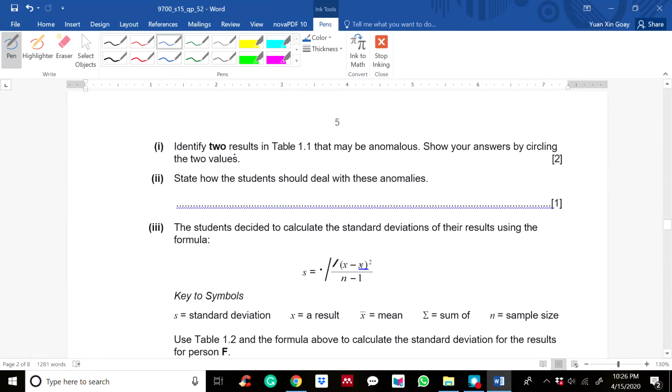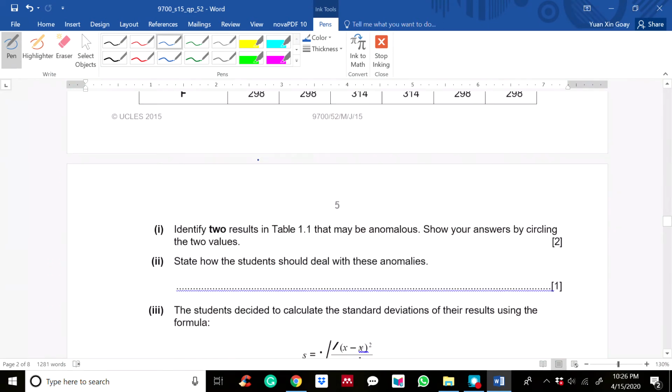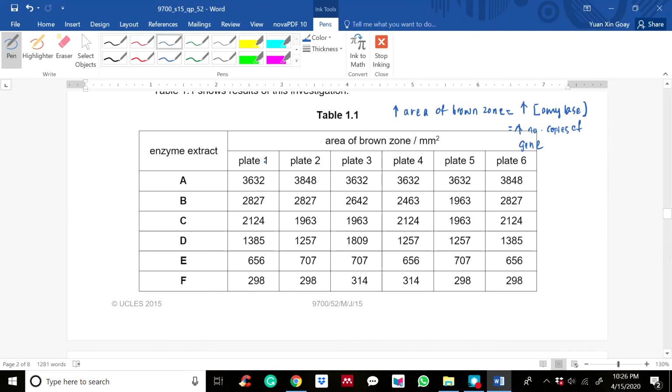Identify two results in Table 1.1 that may be anomalous. Show your answer by circling the two values. So anomalous means outlier. So you can look row by row, which is the outlier.